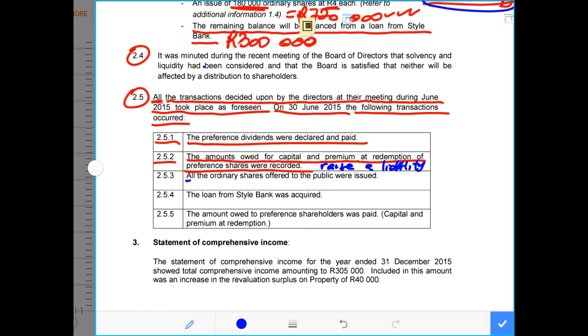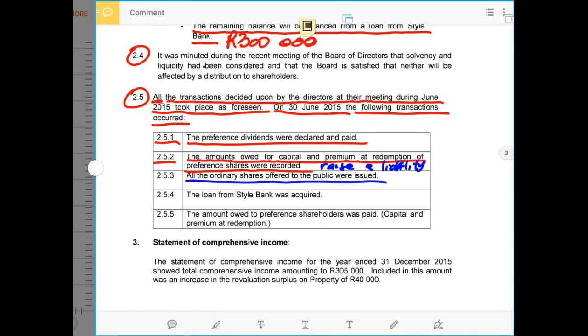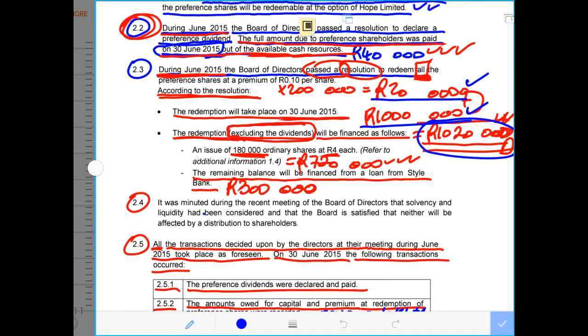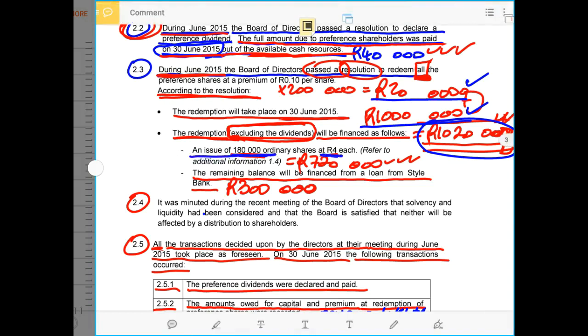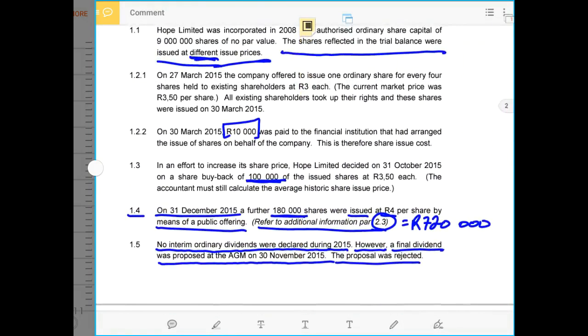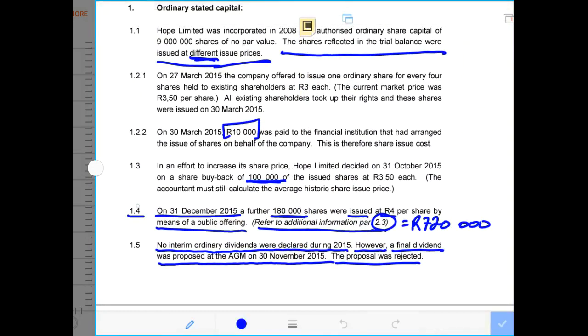Then it says all the ordinary shares offered to the public were issued. Remember, there was a public offering, and that was under number 2.3, where we issued 180,000 shares, referenced under the ordinary part, under 1.4.